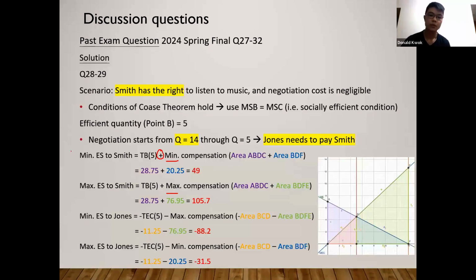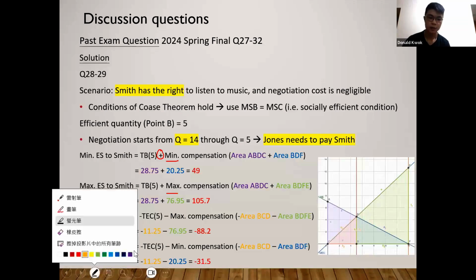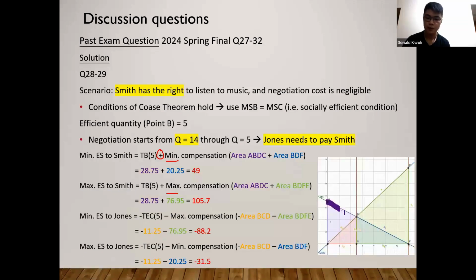All right, so what would be the total benefit of listening to 5 hours of loud music? It would be the area under the marginal benefit curve until the quantity of 5. So this purple trapezium is the total benefit from listening to the first 5 hours of loud music.